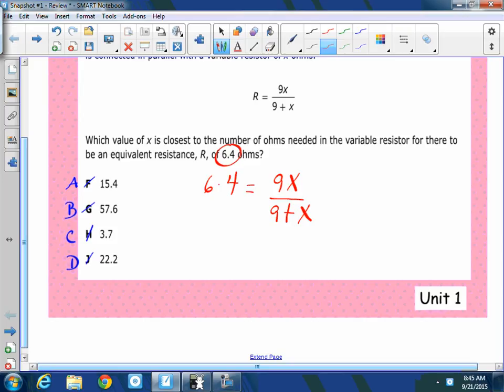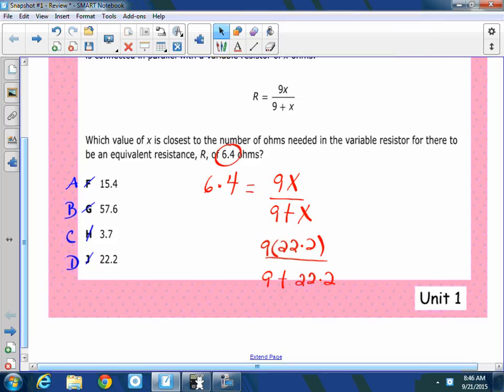There's no shame in that. I probably would have done that. I would have said it needs to be equal to 6.4, and I get that from my problem, right? Then I would have said 9 times 22.2, and after I got that answer, I would have divided that by 9 plus 22.2, and that was the only one that gave you 6.4. Good job for those that did it that way. No shame in that. That's probably the strategy that I would have used. All right, ready for the second one?